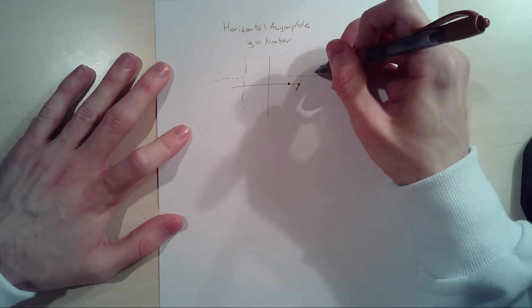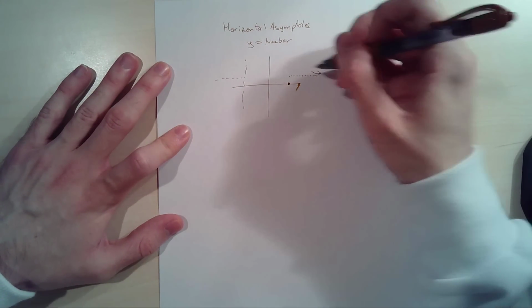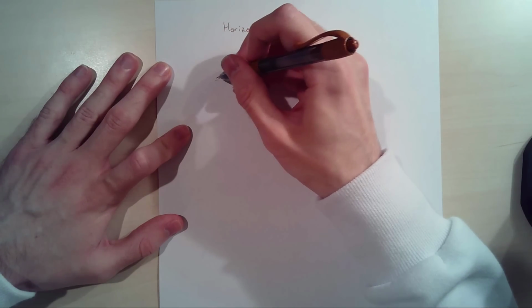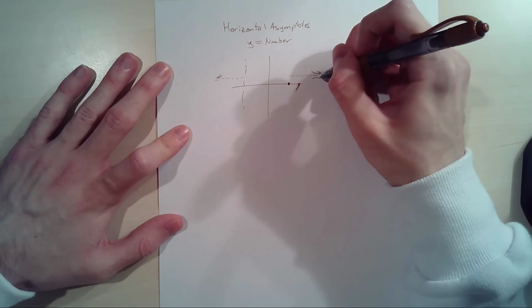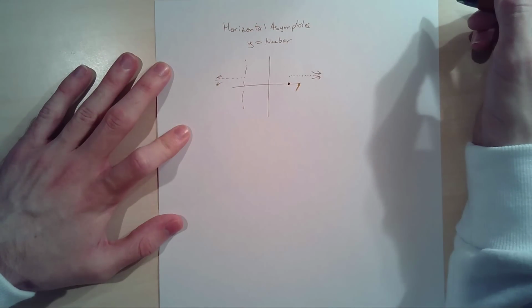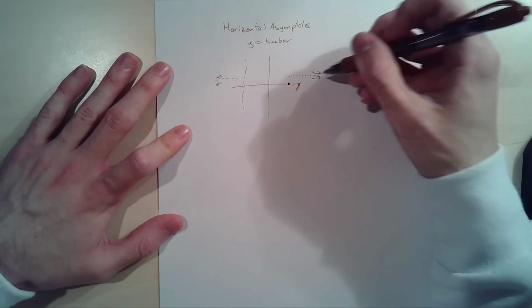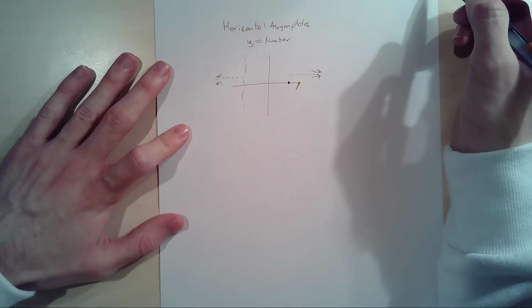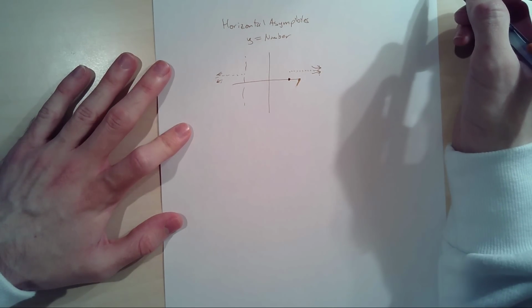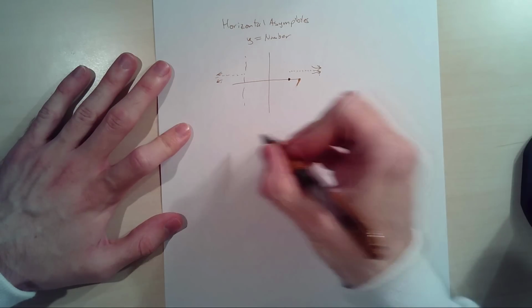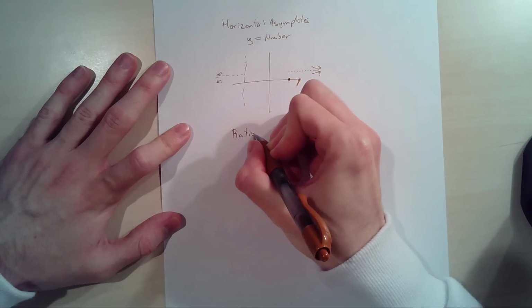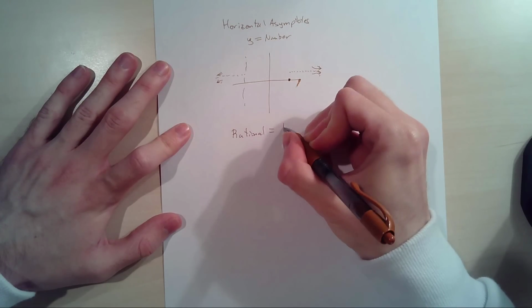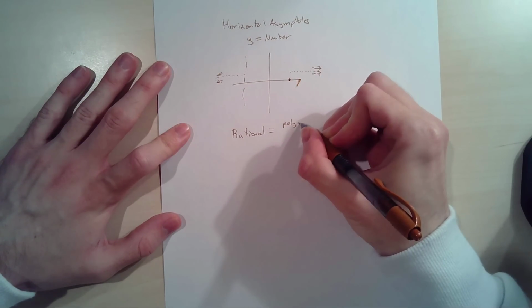You will always be approaching the asymptote either from above it or from below it, one of the two, so it's only going to be one of these two or one of these two, and you're going towards that asymptote. In order for us to truly get to the nitty-gritty of it, all of our rational functions are going to be equal to a polynomial over a polynomial.